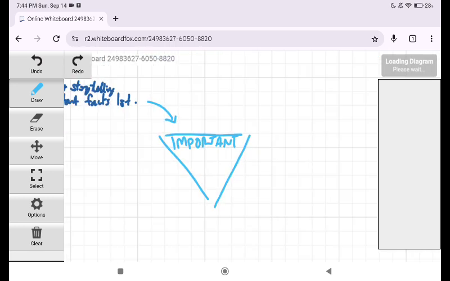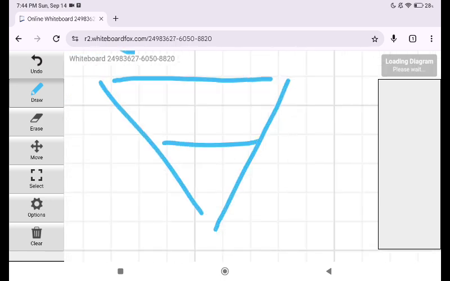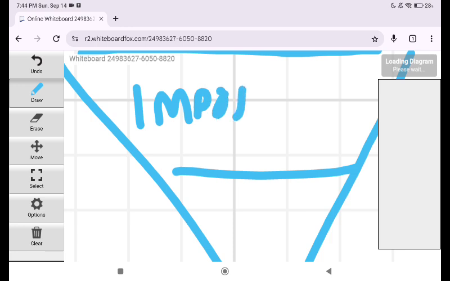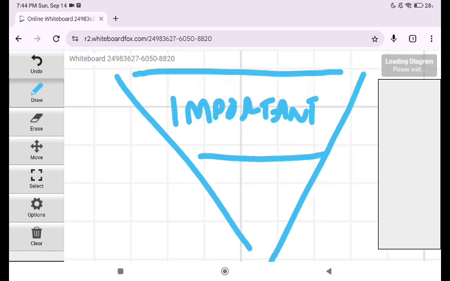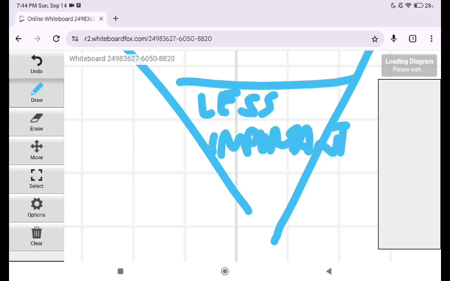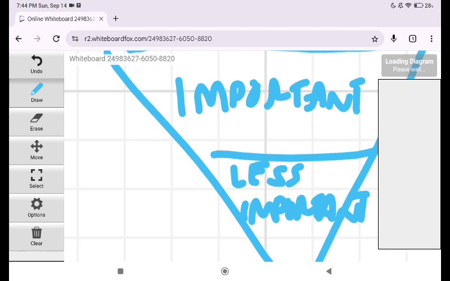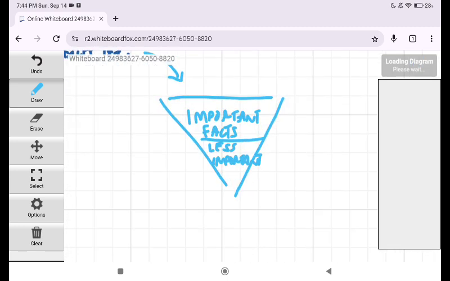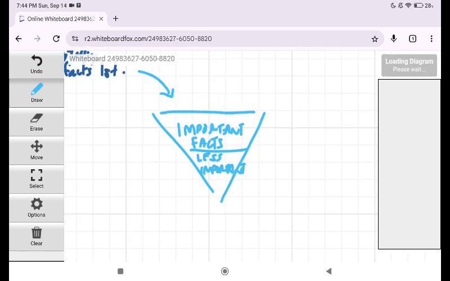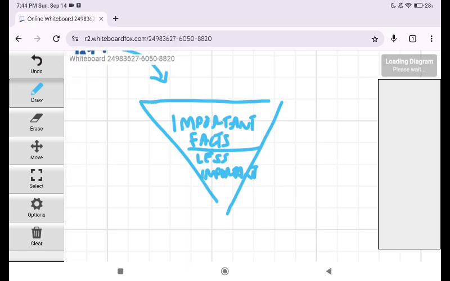So the important facts come first, and the less important facts come last. So it can be illustrated like this. Let me just close those lines.